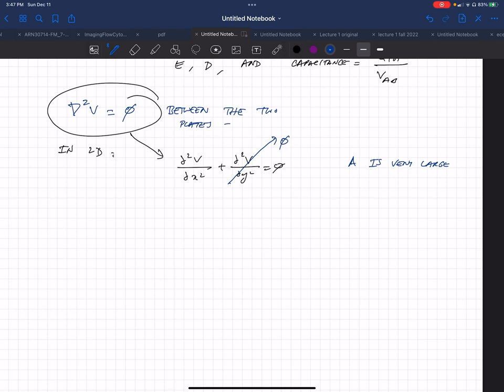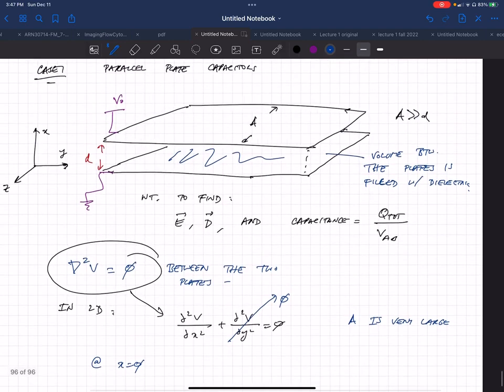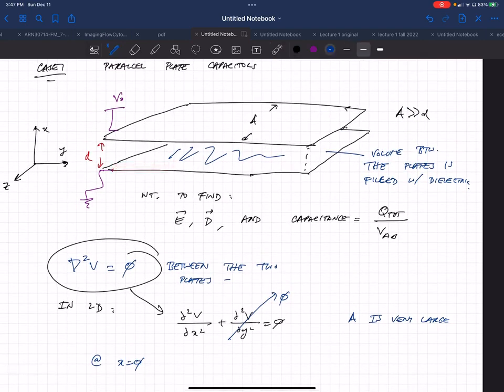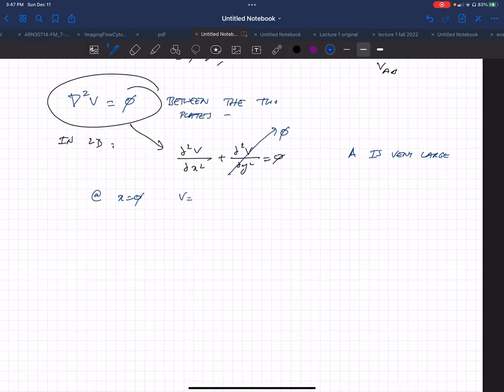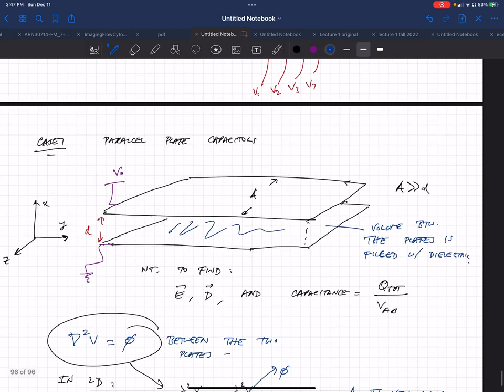So for that reason, we can just say the variation in y is 0, and at x equal to 0 the voltage is equal to 0, and at x equal to D the voltage is equal to V0. So that's at this point here.